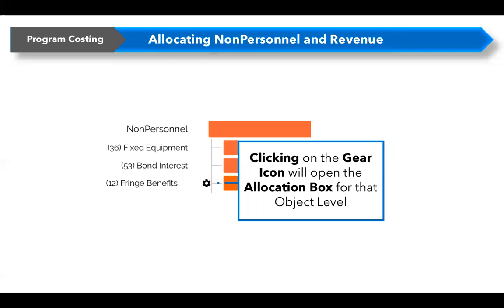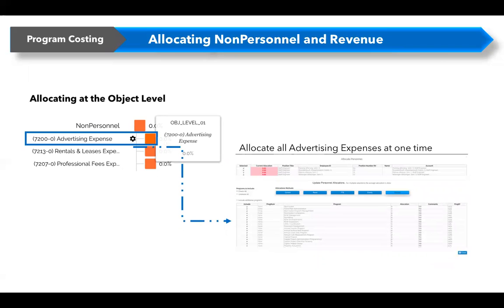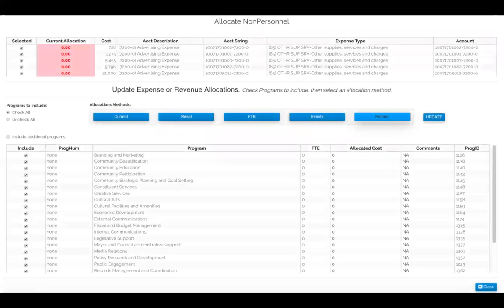If you want to go down to individual level, then you'll have to click again. So allocating at the object level, we're going to click on that gear icon to pull up the same kind of allocation action table here.